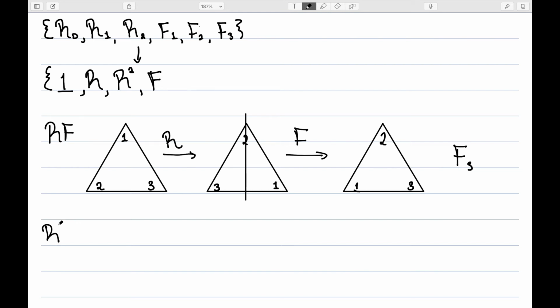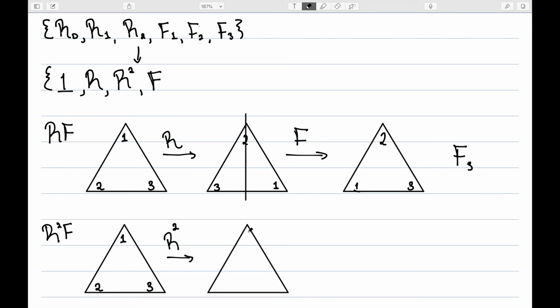What if we do R squared F? The first thing we need to do is rotate twice. When we do, the 1 moves to the bottom left, the 3 will move to the top, and then the 2 moves to the bottom right. We then need to perform my flip. And once again, F is the vertical line of symmetry here.